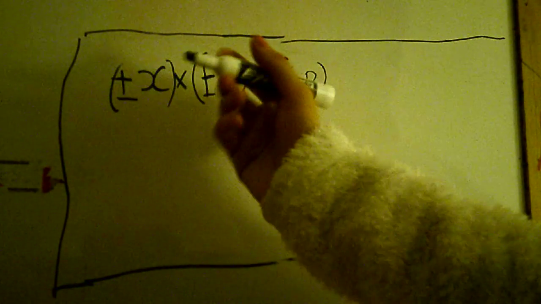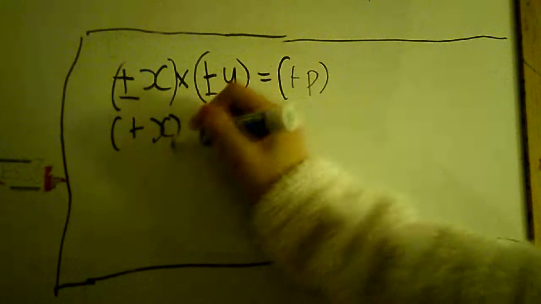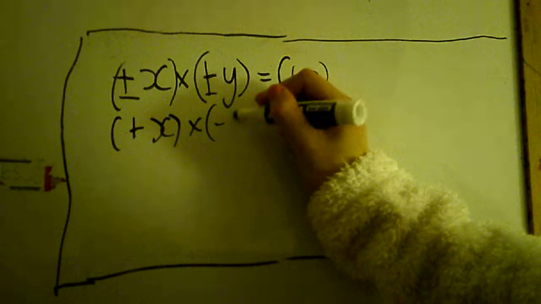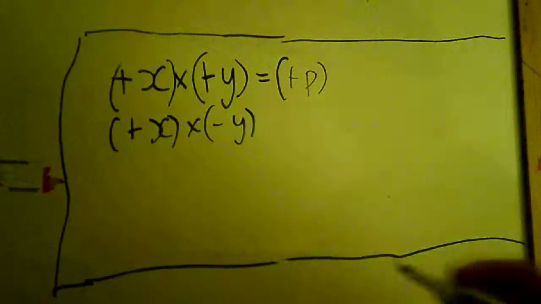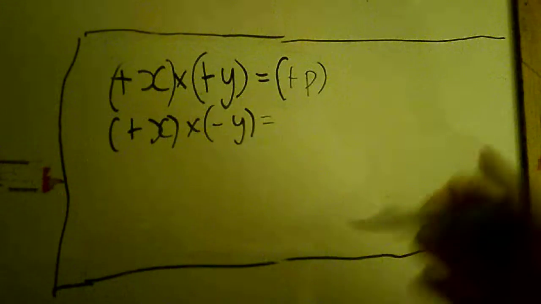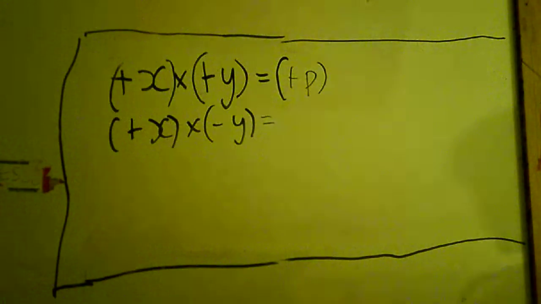Then, if I have, for example, positive x times negative y, I'm going to erase these lines because they confuse you a little bit. If you look at it, this is positive, this is negative. Positive and negative together make negative.